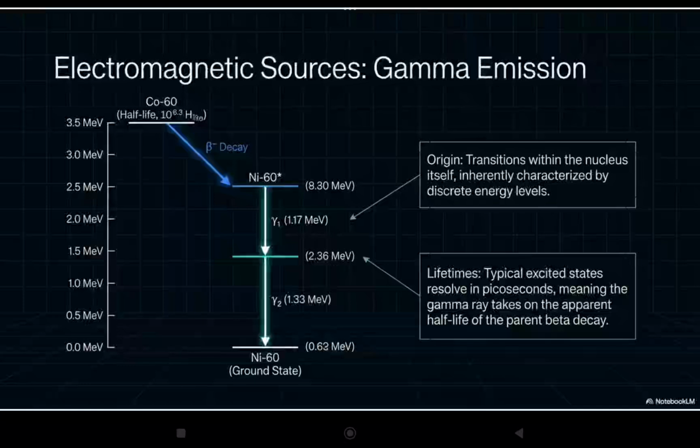Because the excited state is short-lived, the gamma ray essentially reflects the half-life of the parent radionuclide rather than a long-lived intermediate state. In nuclear medicine, this concept is central to source calibrations, shielding design, and understanding the photon energy spectrum of radionuclides.